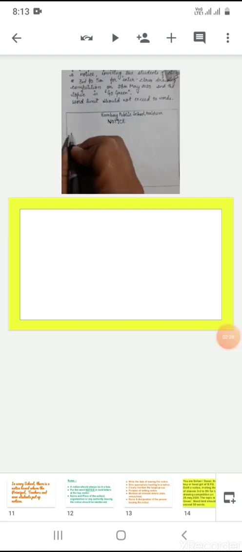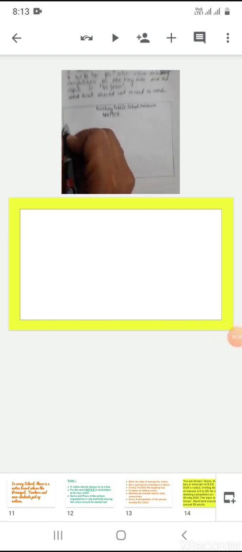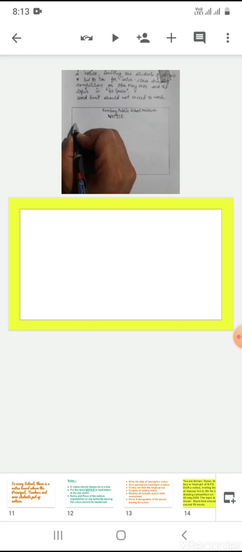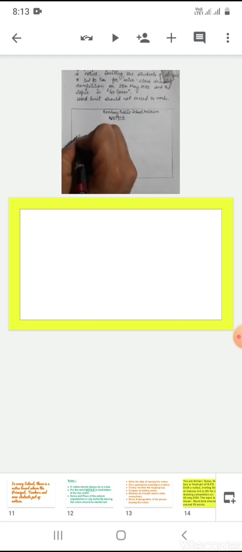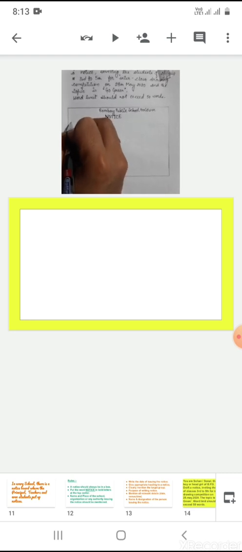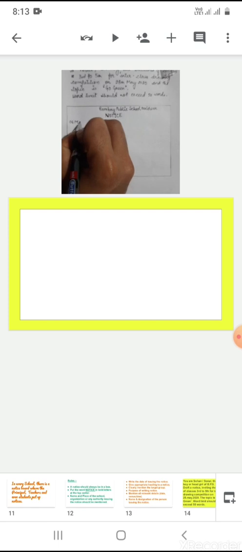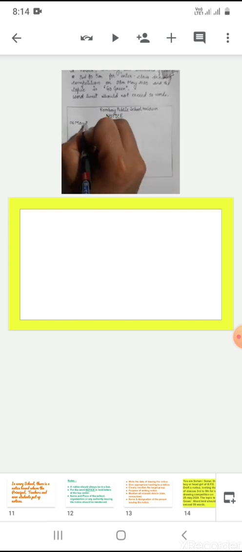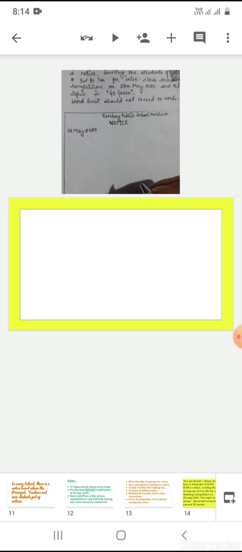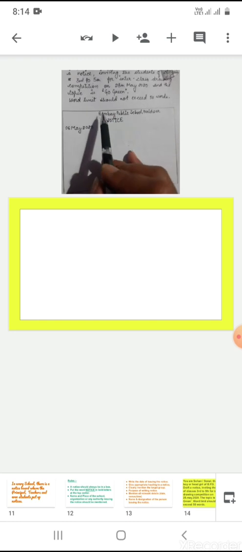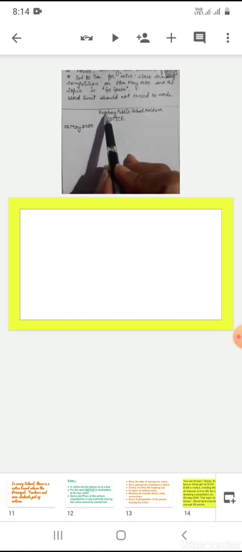Then children, next you have to write down the date. What is today's date? May 6th, 2020. First of all, you have to write down the name of the school.